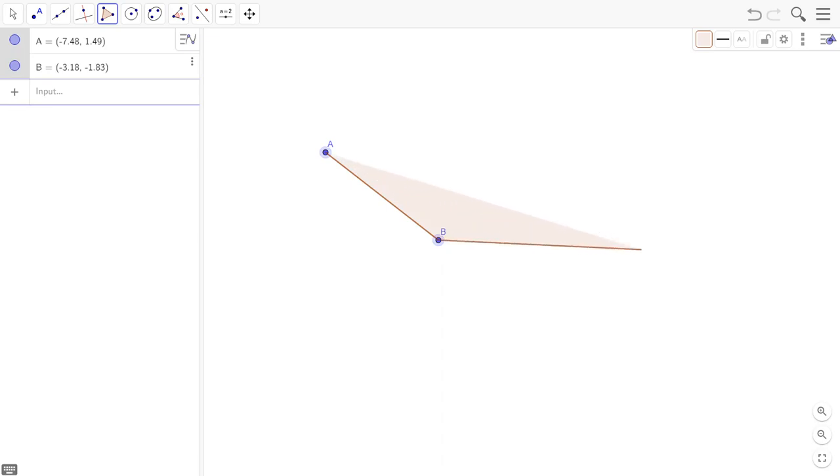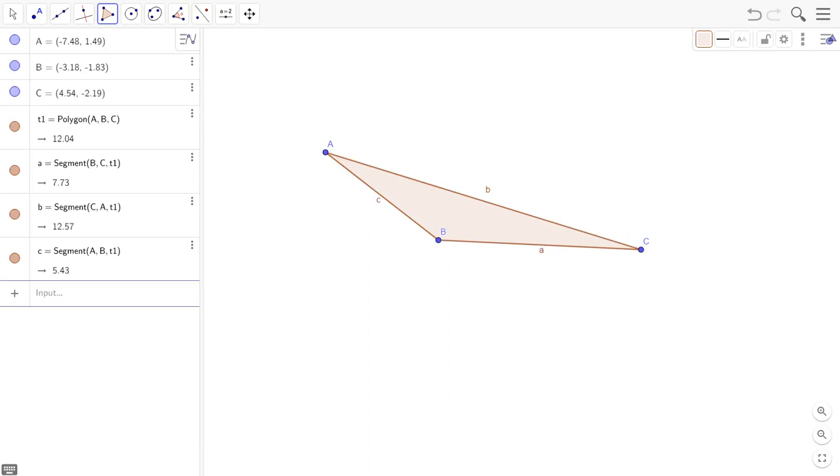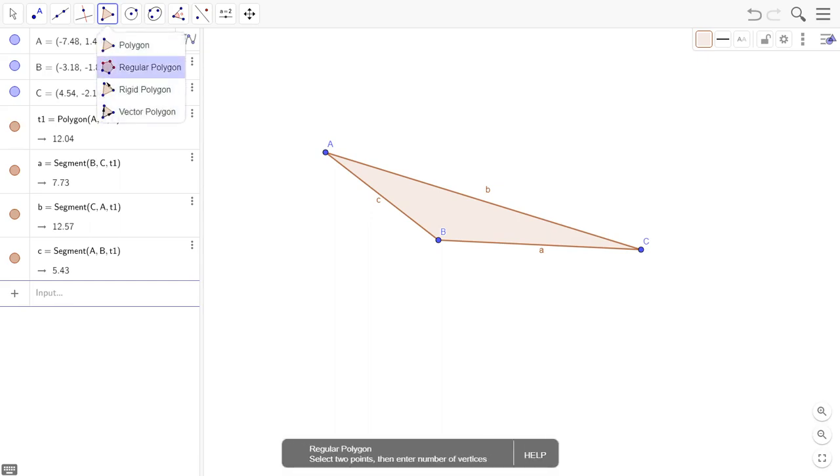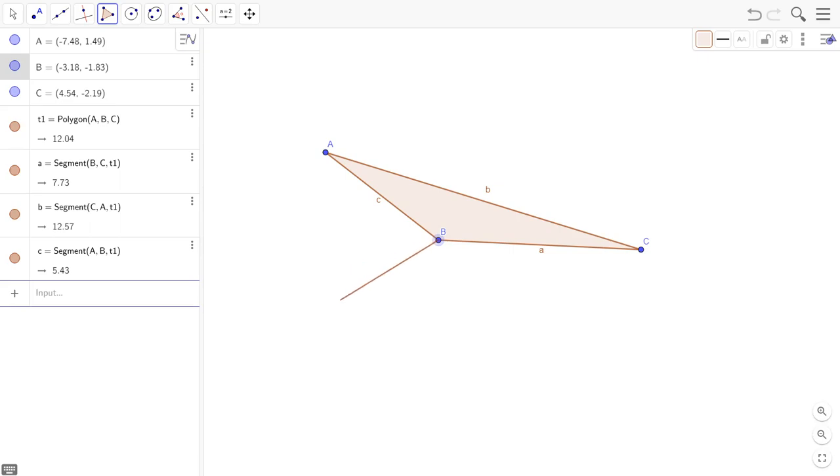Something that looks like that. Okay? Then I would like for you to make another triangle that is pretty close to the same thing. Kind of looks somewhat like that.